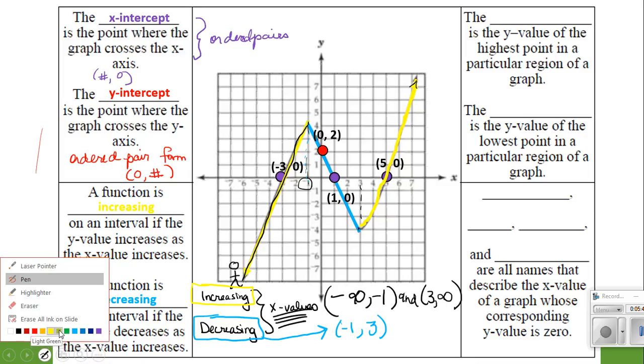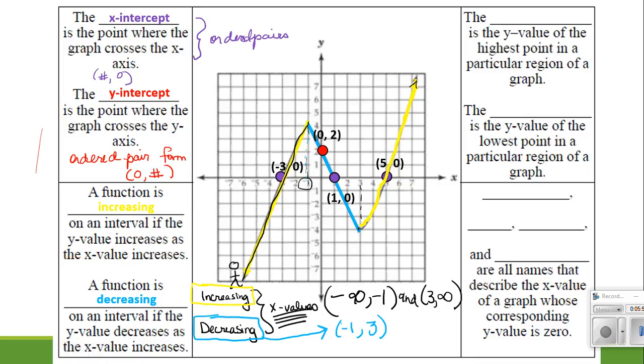All right, now we are going to talk about the maximum and minimum points. The maximum point is the y value of the highest point in a particular region. So the highest point, well, there is no point that's the highest. It's going to infinity, but it's not an actual point.